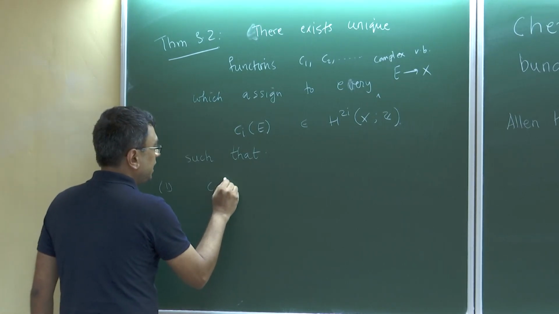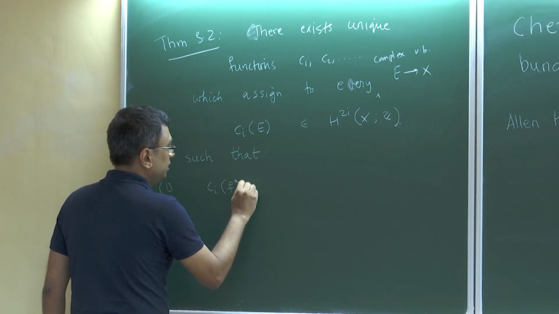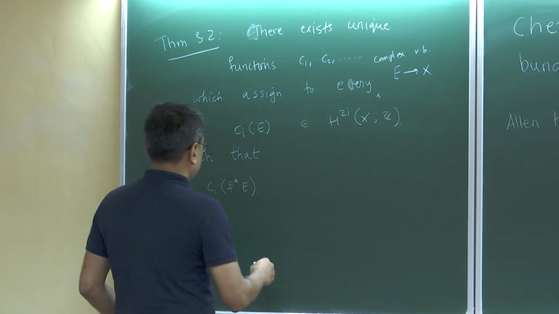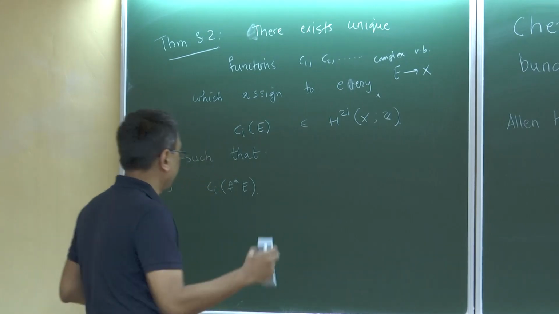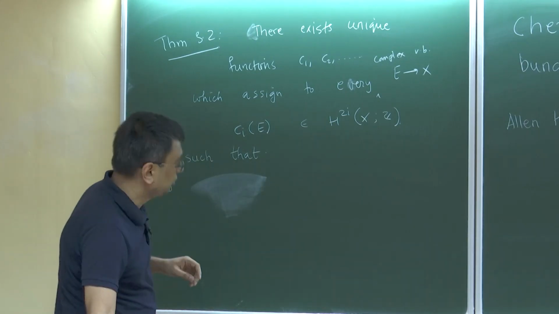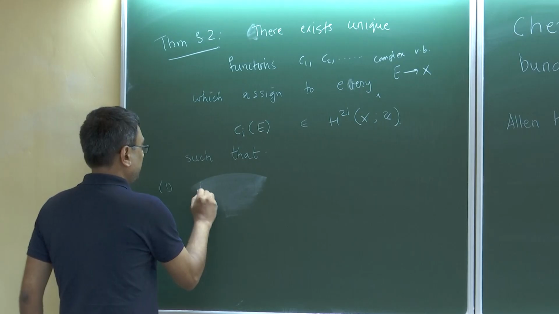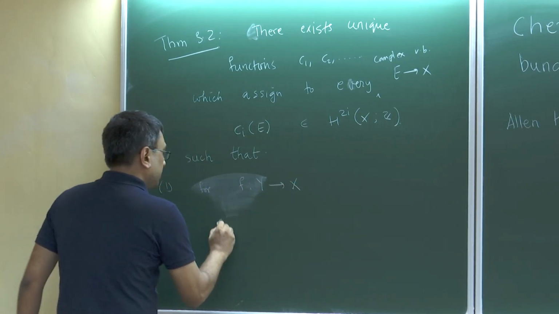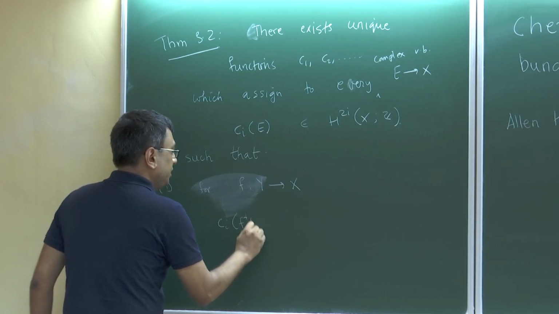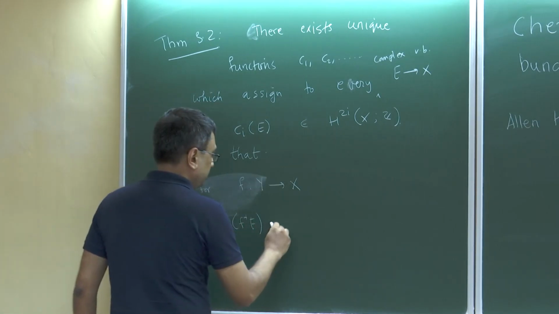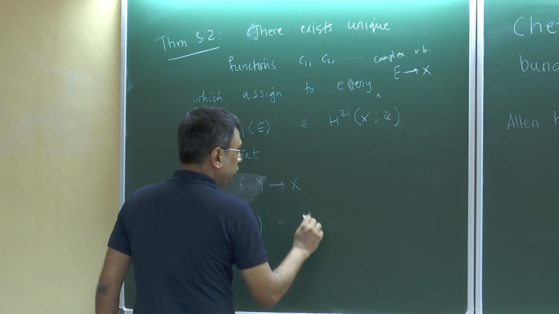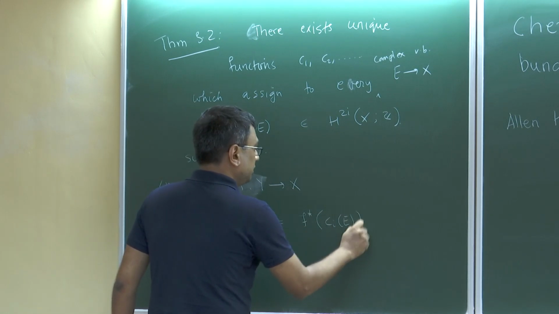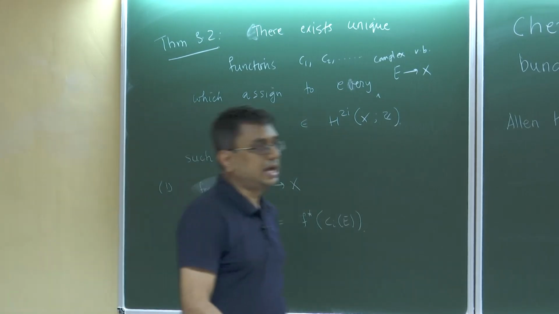So Ci of f upper star E, if I pull back a vector bundle E on X via a continuous map f from Y to X, is the same as the pullback of Ci of E. This Ci of E is called the ith Chern class.